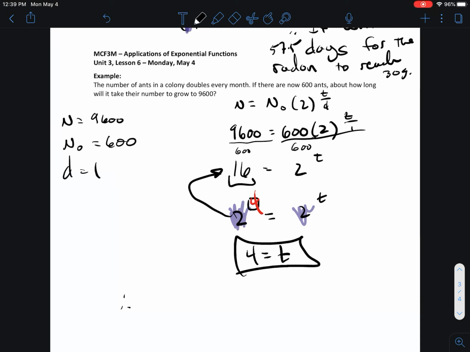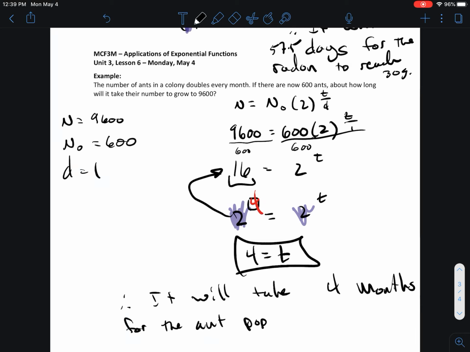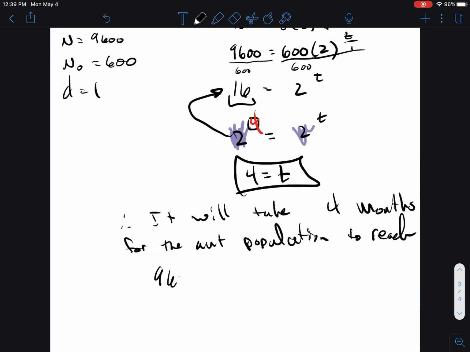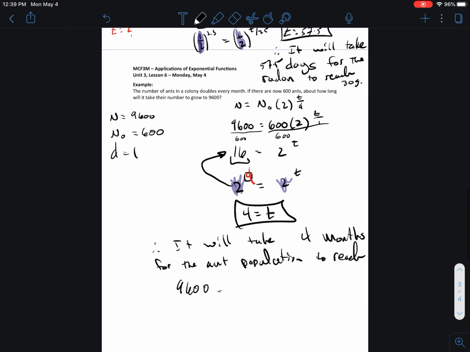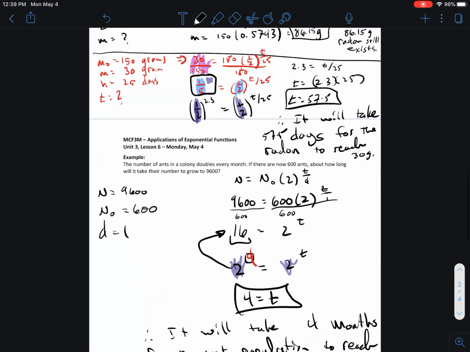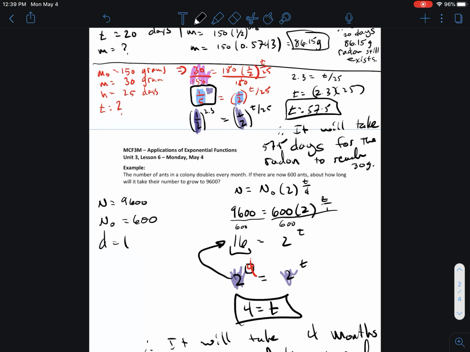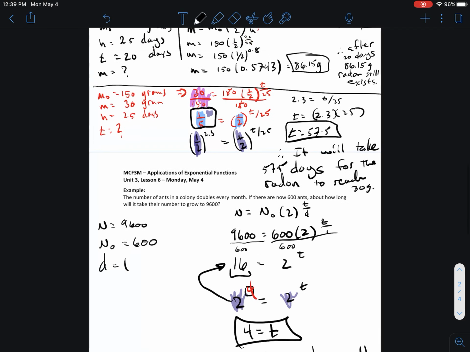That only worked out so nicely because of the 1 for the d value. Therefore, it will take four months for the ant population to reach 9,600. That's it, guys.